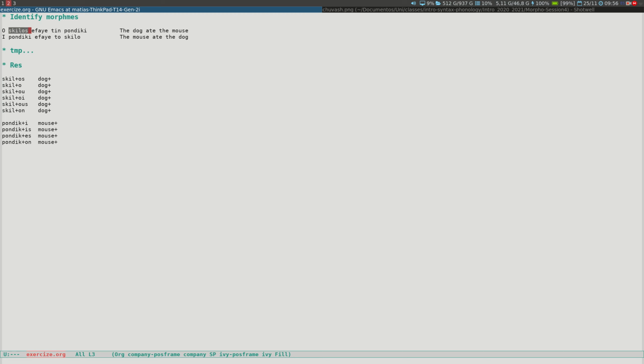We have seen skilos, pondiki, and we also have seen skilo. From the sentences, one could fairly straightforwardly say skilos must mean dog.